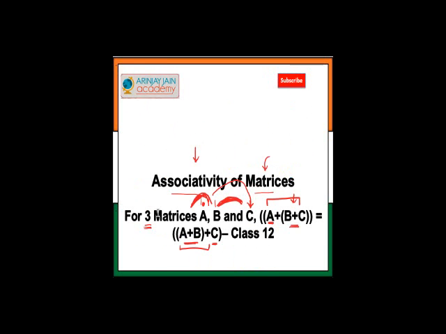And when this happens, we say that for any three matrices A, B, C, the value of A when added to the total of B plus C is equal to the total which we can get if you have (A plus B) plus C. And that's why we say that the matrices are associative.